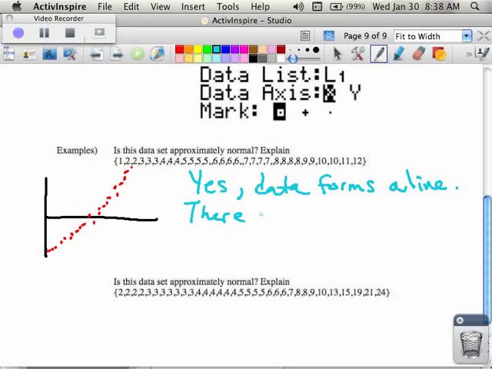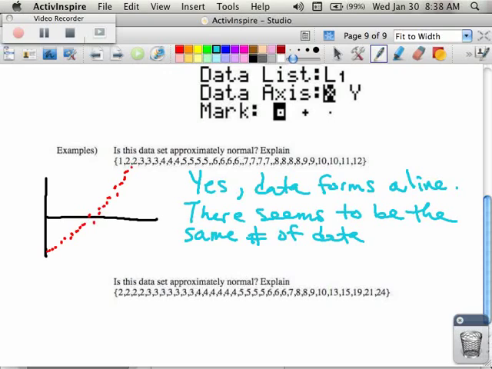There seems to be the same number of data points above the x-axis as below.